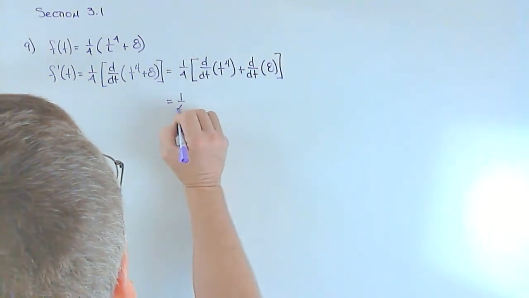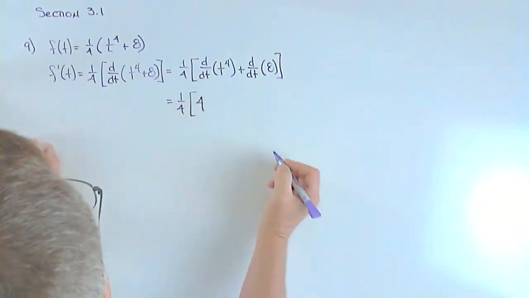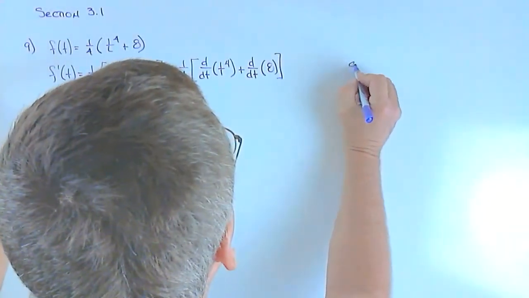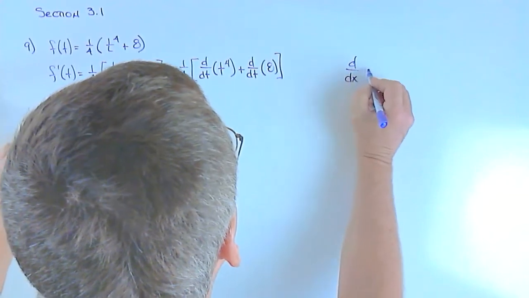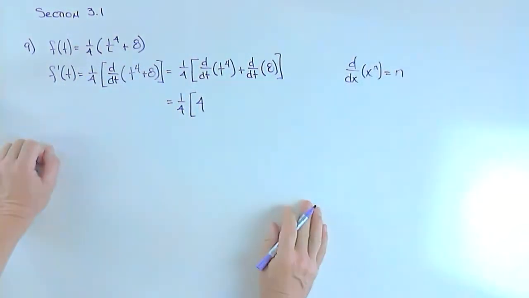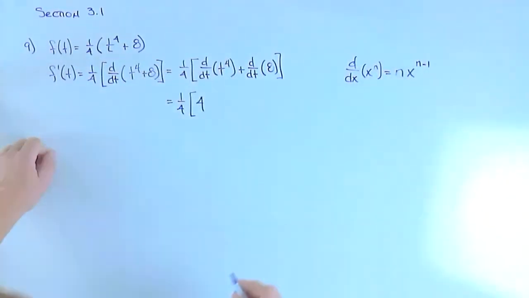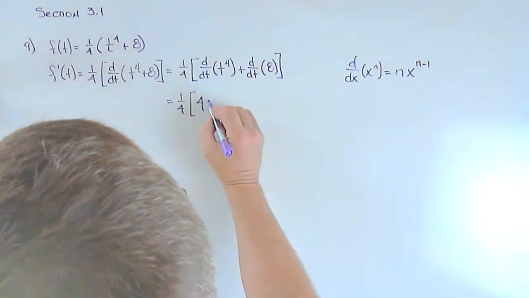Now we're going to use our exponent rule here. So we have a 1/4 there. The derivative of t to the 4th, we bring down the exponent. We have that rule that says if we're taking the derivative of x to the n, we put the exponent in front, and our new exponent is found by subtracting 1. So I bring the exponent in front.